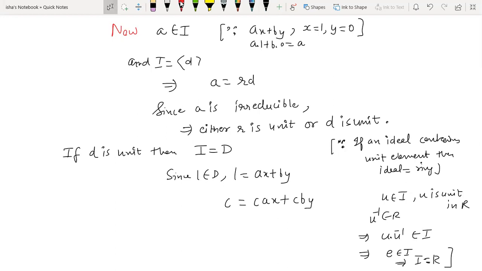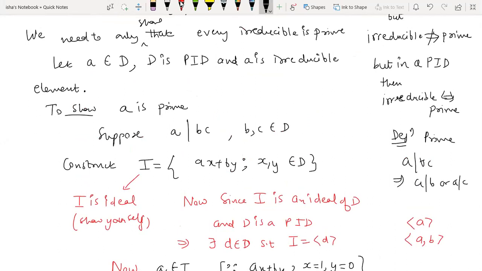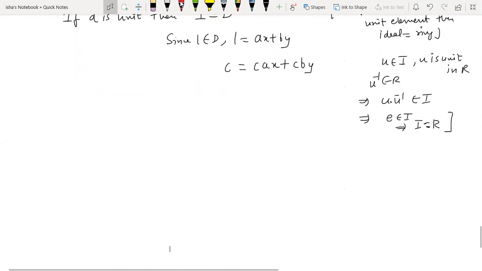Now, you recall where we started from. We started from this. Suppose A divides BC. So clearly A divides this element BC into Y, because if A divides BC, A divides BC into Y. A also divides AC into X, because A is explicitly coming there, right?